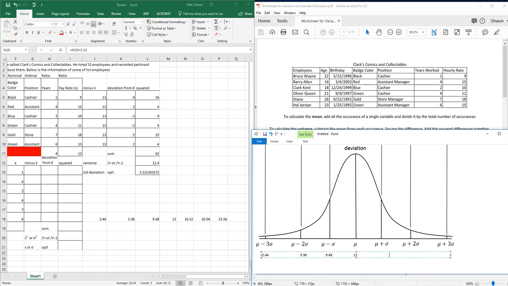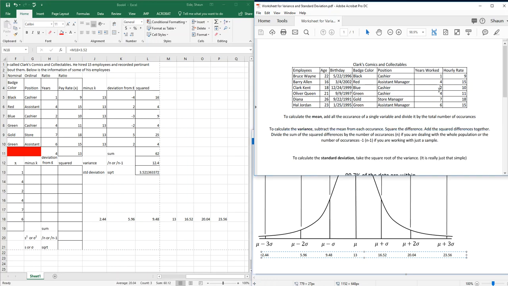So let's put those in. 16.52. And then we've got 20.04. And then we've got 23.56. So let's take a few minutes and just look at what this all means.